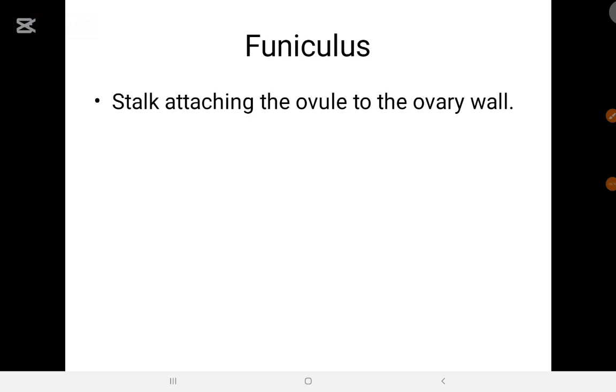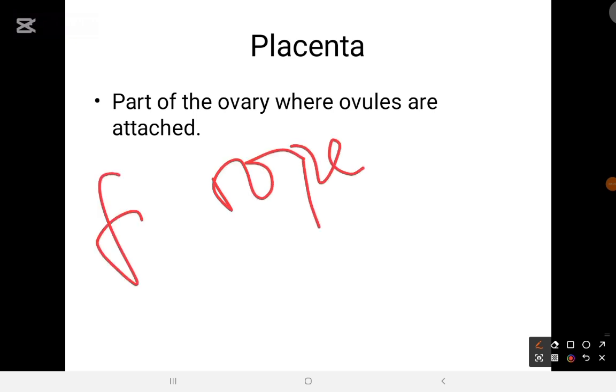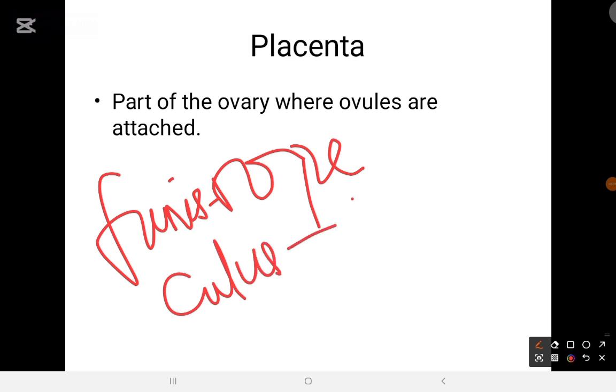It's the one that makes placentation possible. Just like we said, funis is rope and kulos is cord. Is that okay? So basically, it's still saying the same thing.